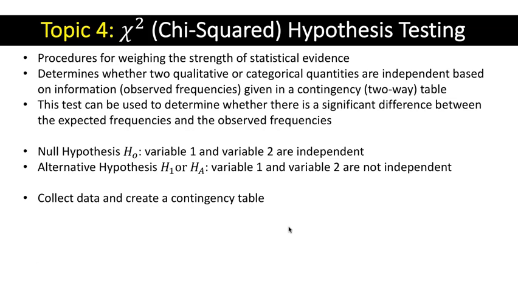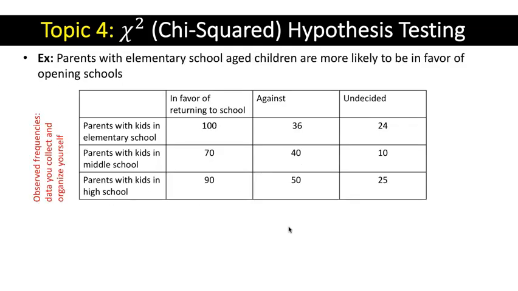The next step to be able to conduct this chi-square hypothesis testing is to collect our data and create a contingency table. Right now there's a lot of debate about whether or not students should return back to the classroom.